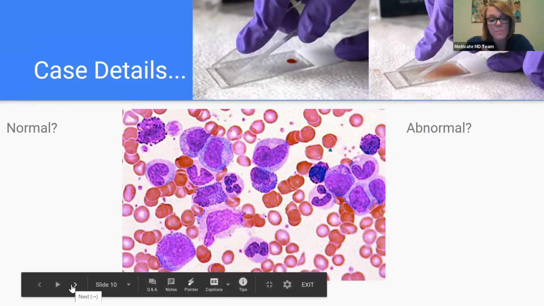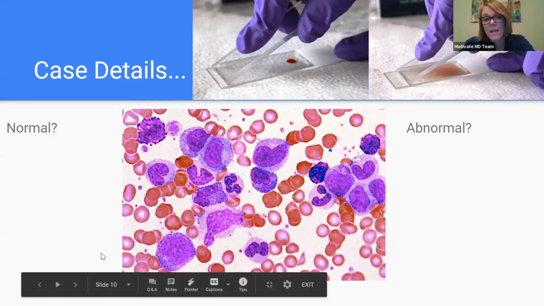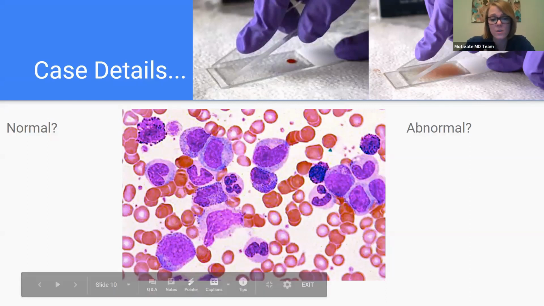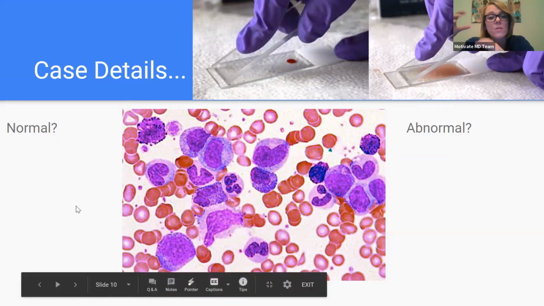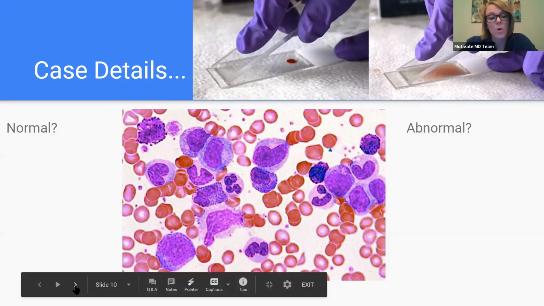Due to the basophilia, we're suspicious that this might be a chronic myeloid leukemia. Chronic meaning there's a lot of mature cells in the blood. Also, there's not a lot of blasts that we can see. Blasts meaning immature, nearly stem cells in the blood. And the other part of it is myeloid, meaning we see a lot of myeloid versus lymphoid cells that give rise to cells such as basophils, neutrophils, and eosinophils.